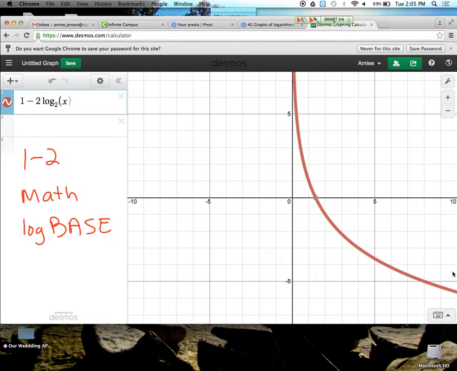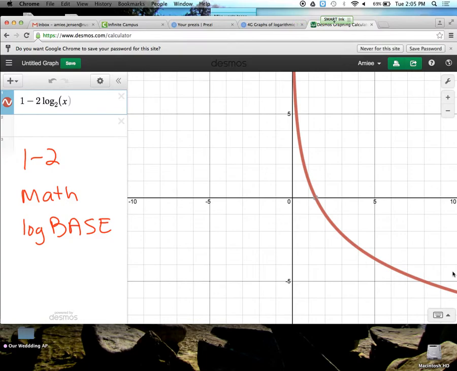This is not for the Desmos people, this is for the graphing calculator. So hit the 1 minus 2, then go to math and scroll down until you find log base A. Once you hit log base A, you can do what we just did: put in the base 2 and then put in x, and your graph should look very similar to that.